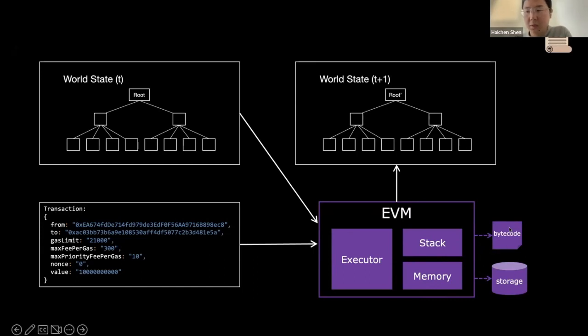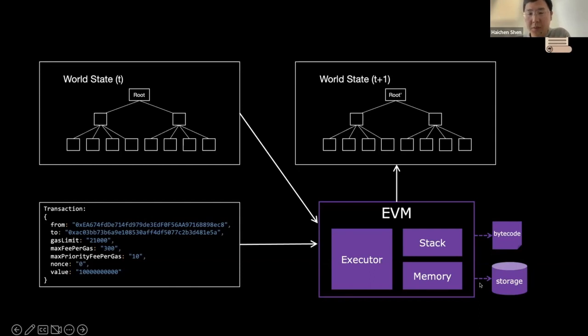You can also access two external persistent storages. One is the bytecode database, so you know which contract you're going to execute by loading the contract bytecode from storage. The other is the storage corresponding to this state tree.